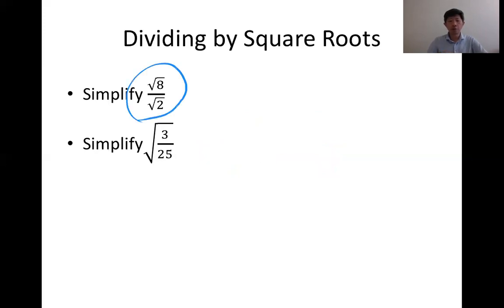Square root of 8 divided by square root of 2, right? Let's do another method for this. Every time you look at a denominator, and you carry square roots like this, we don't do this, okay?